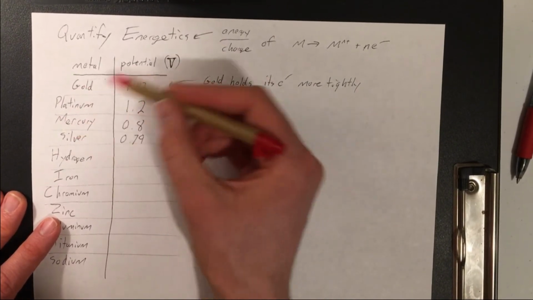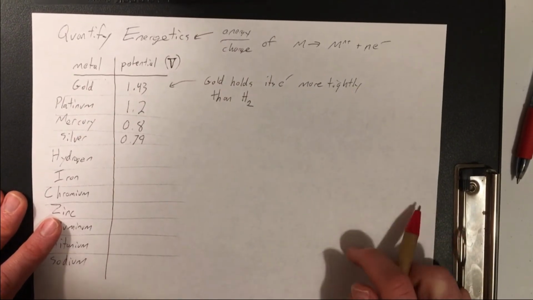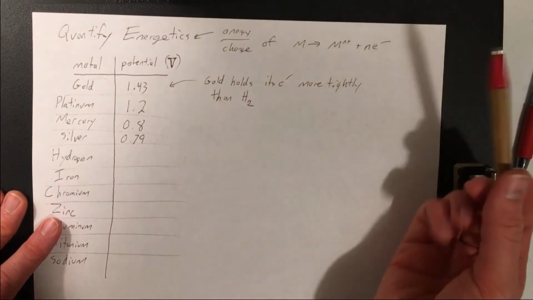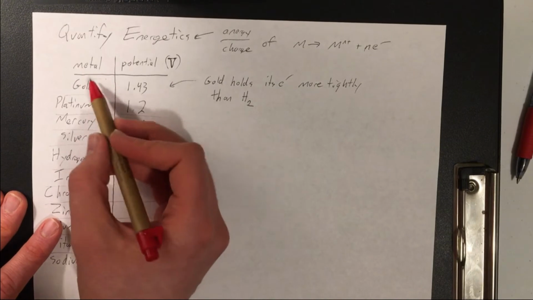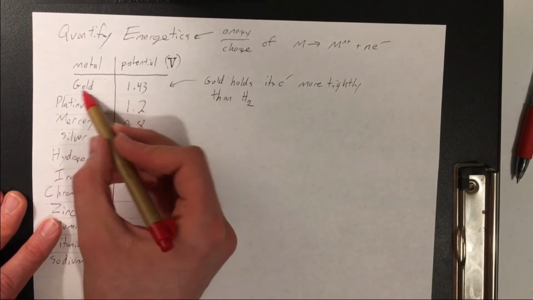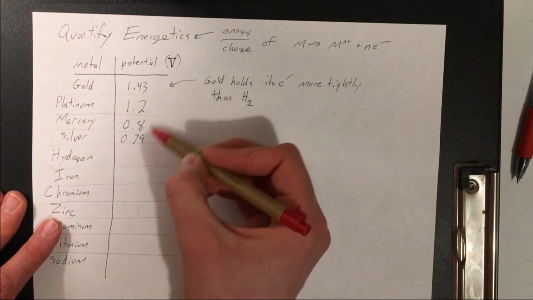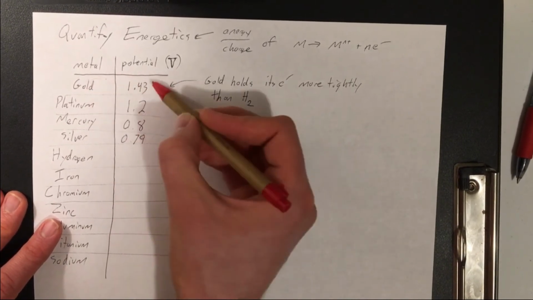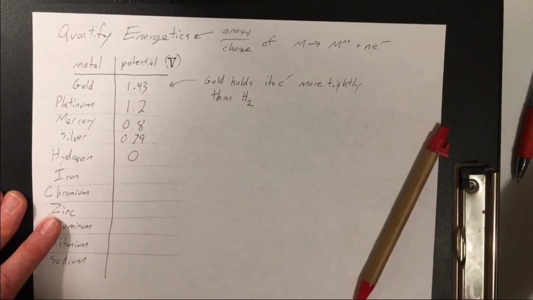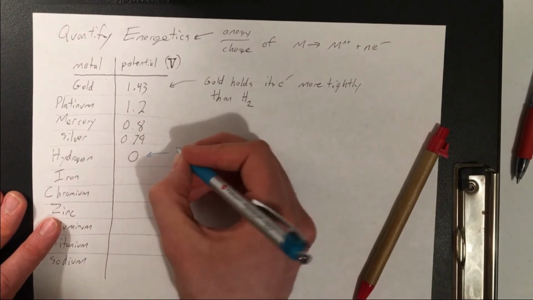So all of these hold onto their electrons more tightly than hydrogen, and they don't really corrode particularly quickly. Silver in some cases can corrode, but gold is much harder to corrode, and that's associated with gold being higher up in terms of this potential. Hydrogen, by definition, is 0.